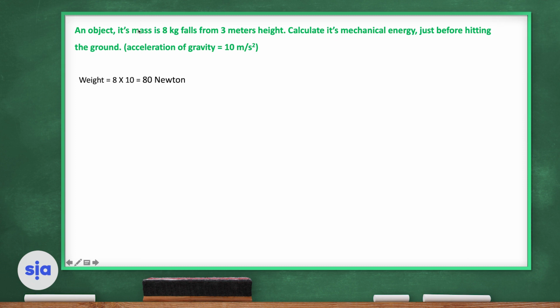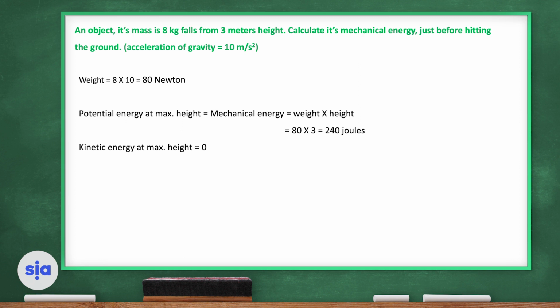Here is the mass, and we need the weight. So you know that the weight is equal to the mass times acceleration of gravity. It will be equal to 80 Newton. And potential energy at maximum height is equal to the mechanical energy, which can be calculated by multiplying the weight by the height, which is 80 times 3, equal to 240 joules.